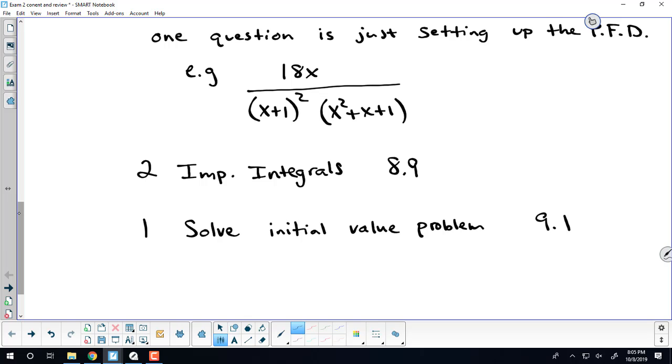And then there's one separable differential equation to solve, and that was from 9.3.